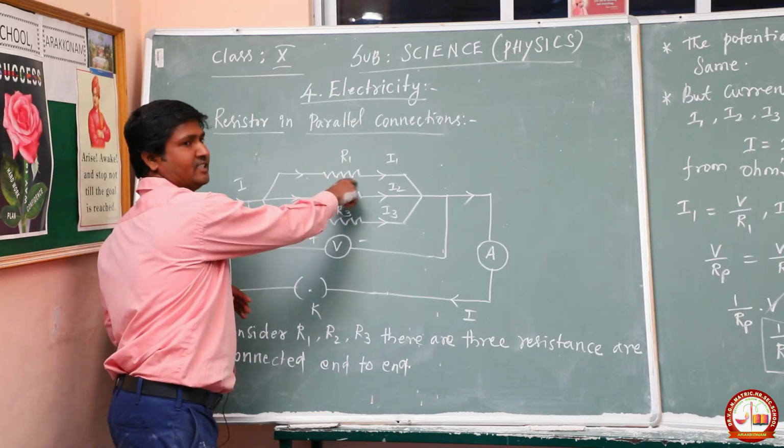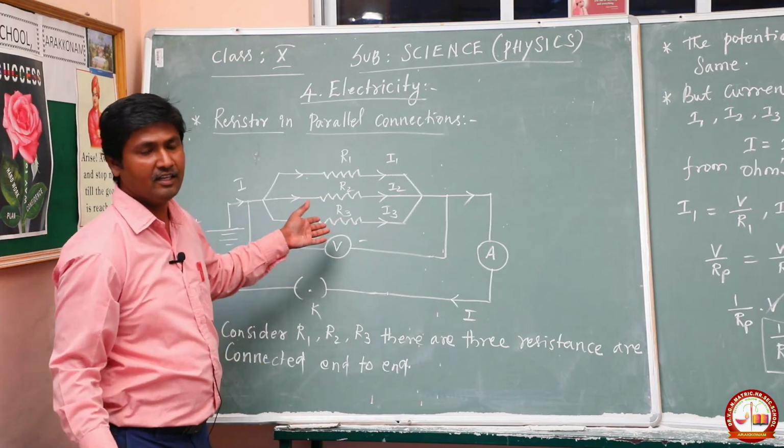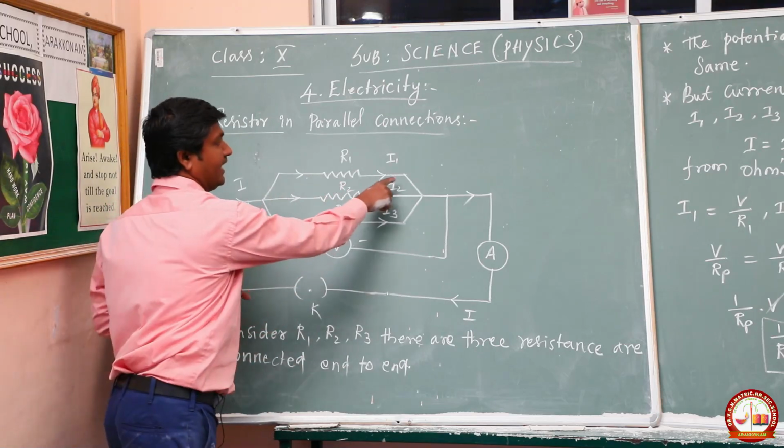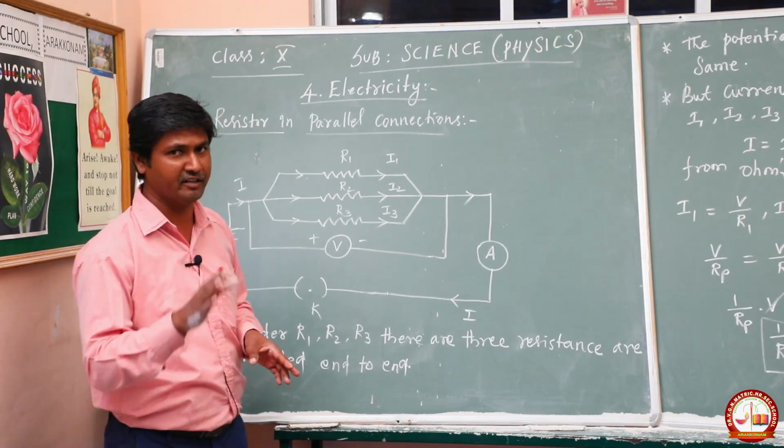So the resistance R1, the resistance R2, and R3, three resistances are connected end to end in parallel connections. Very important point.